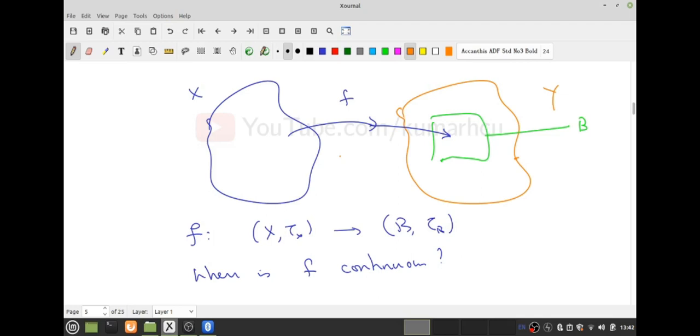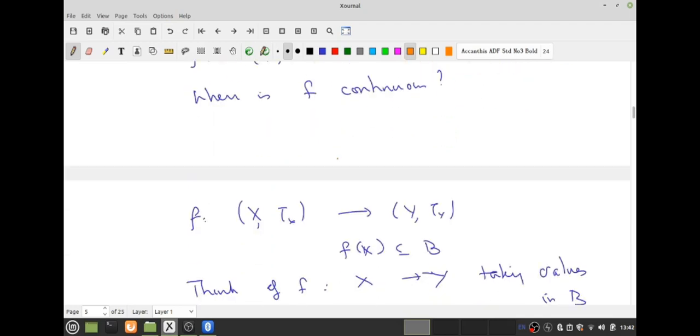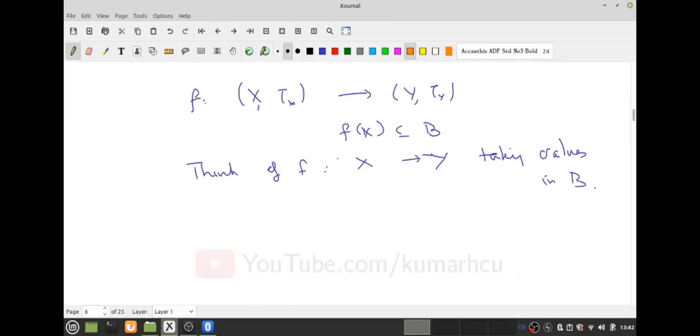I want to know when the function F from some space X to a newly constructed space B is continuous. But I am thinking of this function as a function from X to Y, taking values only in B. These are the things which are never explained. Please listen to me. This is one of the most important properties, and these two facts you will repeatedly use throughout your life if you stay in mathematics, of course.